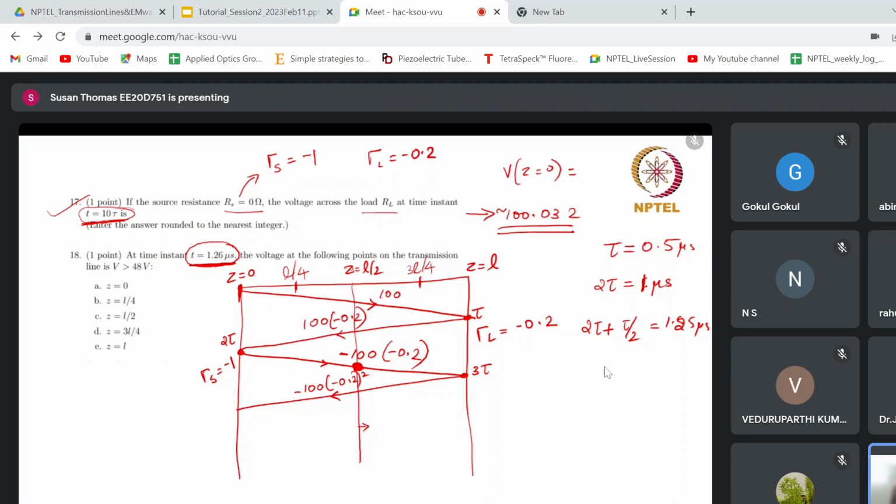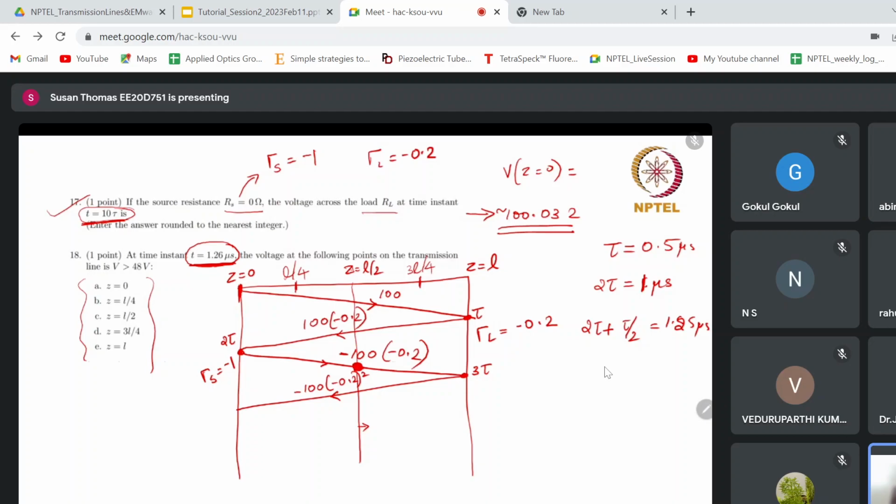So the question is voltage at the following points, that means different locations on the transmission line. Where is that voltage greater than 48 volt? That is the question. To answer that, we need to understand what the voltage is at these different locations.